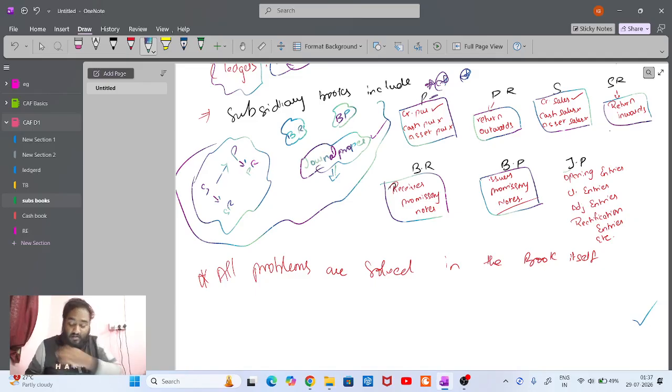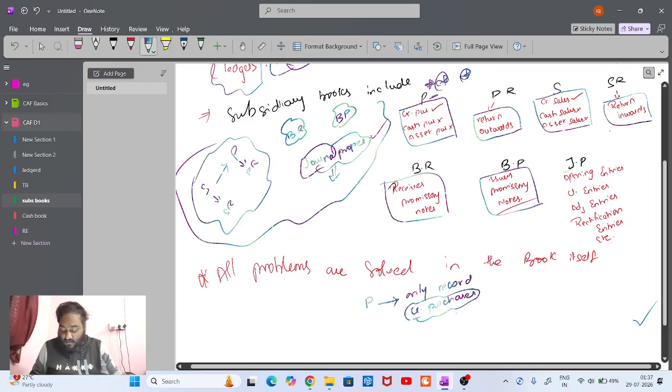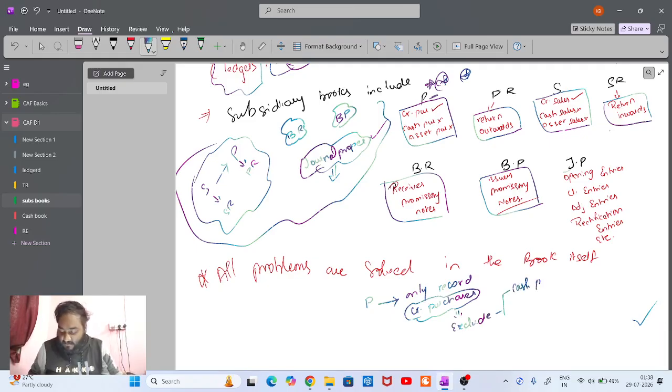So, for purchases, only record credit purchases, which means we are excluding two things: cash purchases and asset purchases.